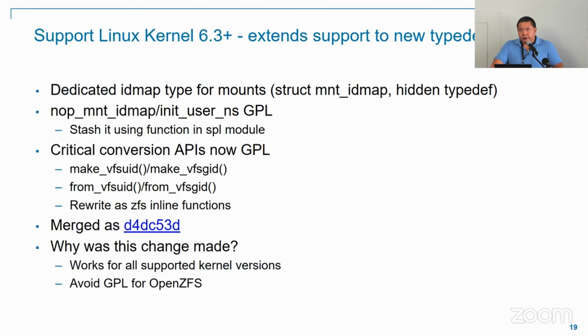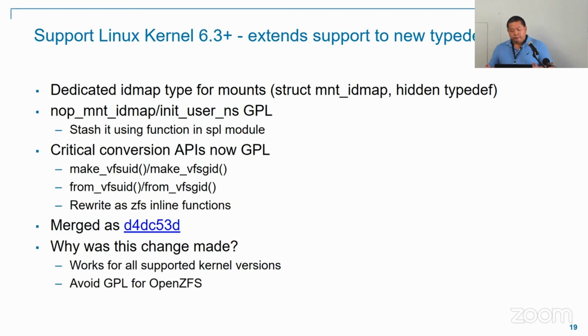And then they made almost all the symbols GPL. Like the default ID map, it's a GPL symbol. And also the conversion, those critical conversion APIs, they are also GPL. But the logic is very simple. You just do a translation, right? One to another, and use the second map for the translation. That all happens in those conversion APIs, but they made them GPL.